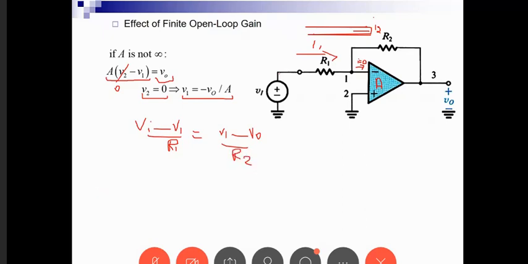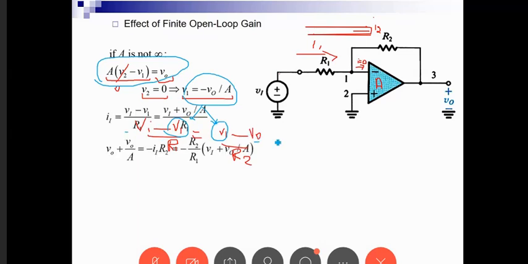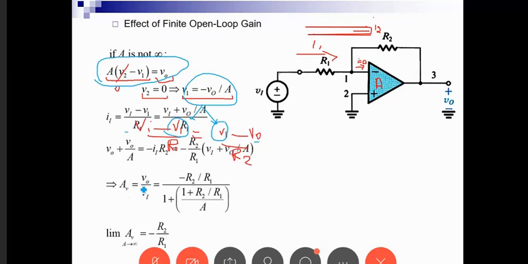But I know V1, I have already established it from this relation as a function of VO. So I plug it in here, and I will get an equation that relates Vn to VO, and we will end up with a complex equation that looks like this.